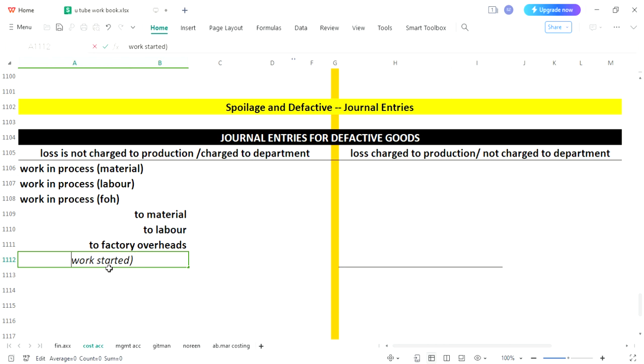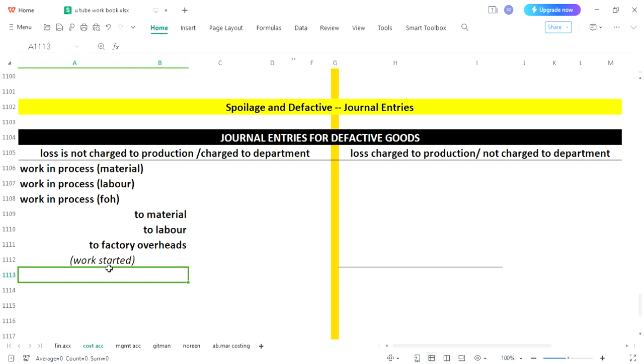And then what happened? Suddenly you felt that out of the total number of units you have manufactured, some units are damaged. But this is not a serious damage. Let's say you were manufacturing chairs and suddenly water was dropped upon the chair.